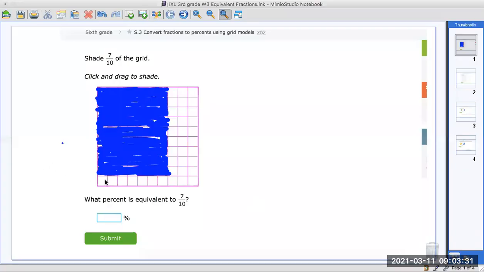So I'm going to the last one. 1, 2, 3, 4, 5, 6, 7. So I'm shading 7 out of each 10 in a row.